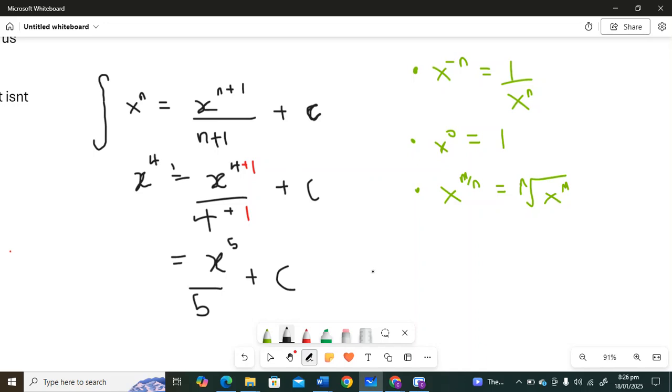The exponent, always add a 1 to it. Then the denominator, what you've done with the exponent, do it in the denominator. Have you seen this 4 plus 1, which you did with the exponent? It's come down here in the denominator, 4 plus 1.